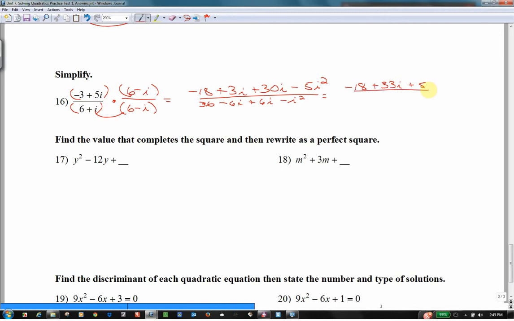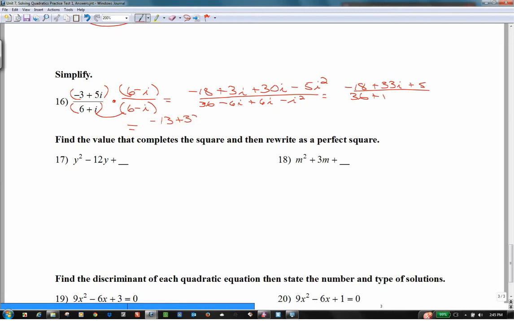Now I have a minus 6i and a plus 6i. Those will go away. Minus i squared. i squared is a negative 1, so that will change that because it's a negative of a negative 1 to a plus 1. So continuing on, I'm going to have the negative 18 and the 5 will combine. That would be a negative 13 on the numerator plus 33i. And my denominator will be 37.